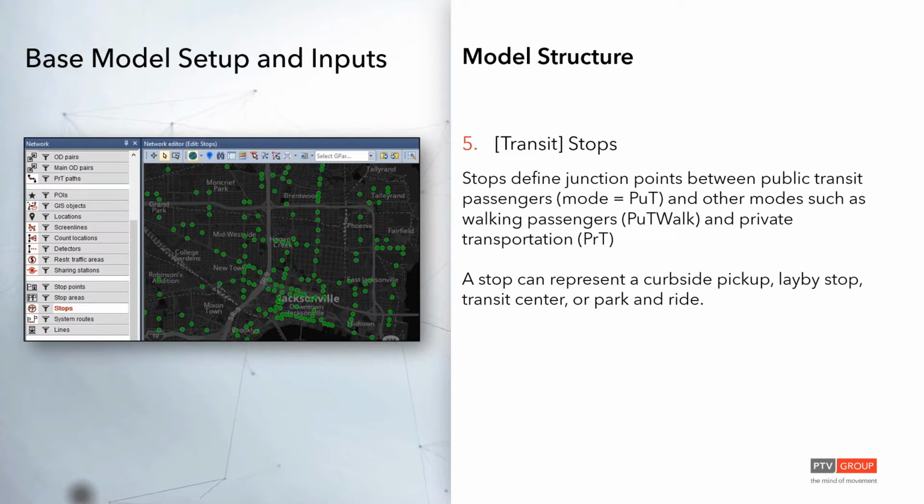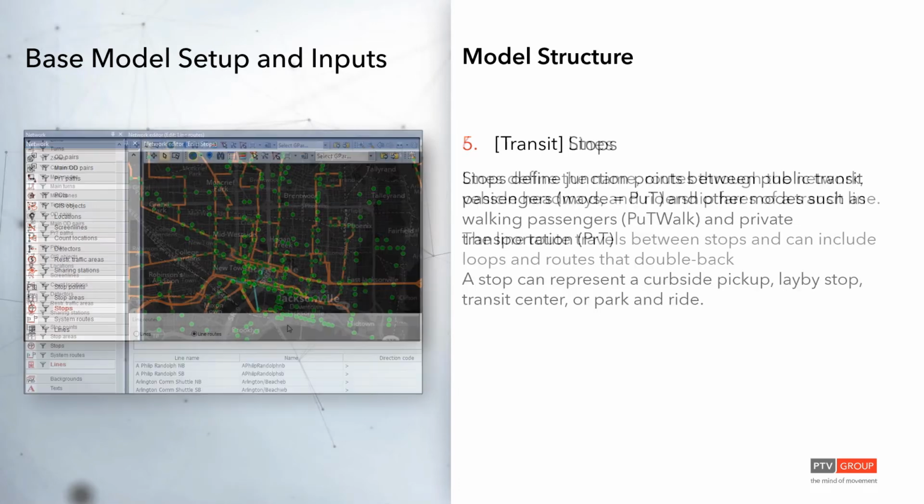And generally, a stop can represent anything. It could be a simple boarding location, a physical stop, or it could also be a transit center or a park and ride station. So it's quite flexible, and you can code transit in quite some detail in Visum.